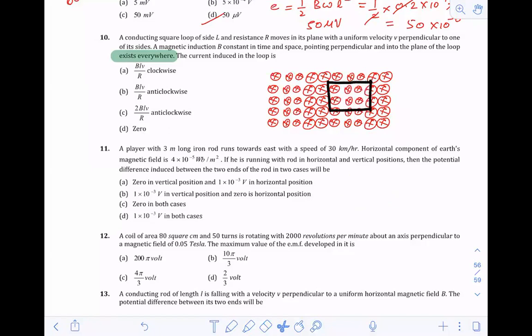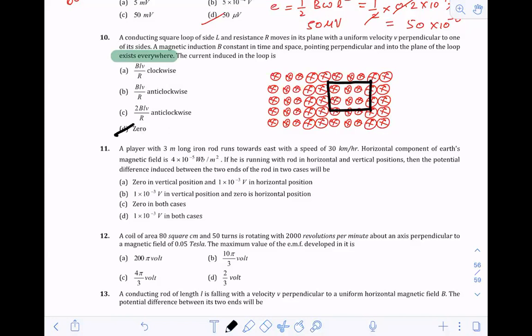But if I move this loop anywhere inside the field, the flux is the same. That's why the answer is 0, because the flux is not changing. The current induced in the loop will be 0. Is it understood now? So this is the reason.